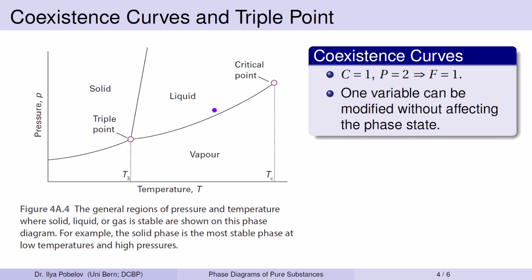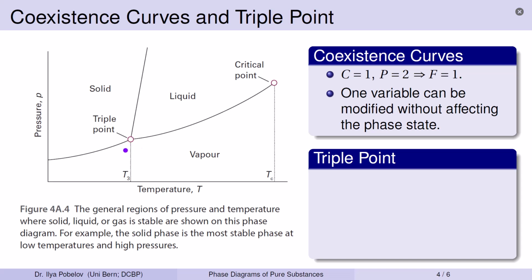Now let's discuss a distinctive point on our phase diagram, the triple point. Given a single substance, if three phases coexist, how many degrees of freedom are there? The answer is 0. This means that neither the temperature nor pressure of the system can be varied without altering the phase state of the system.